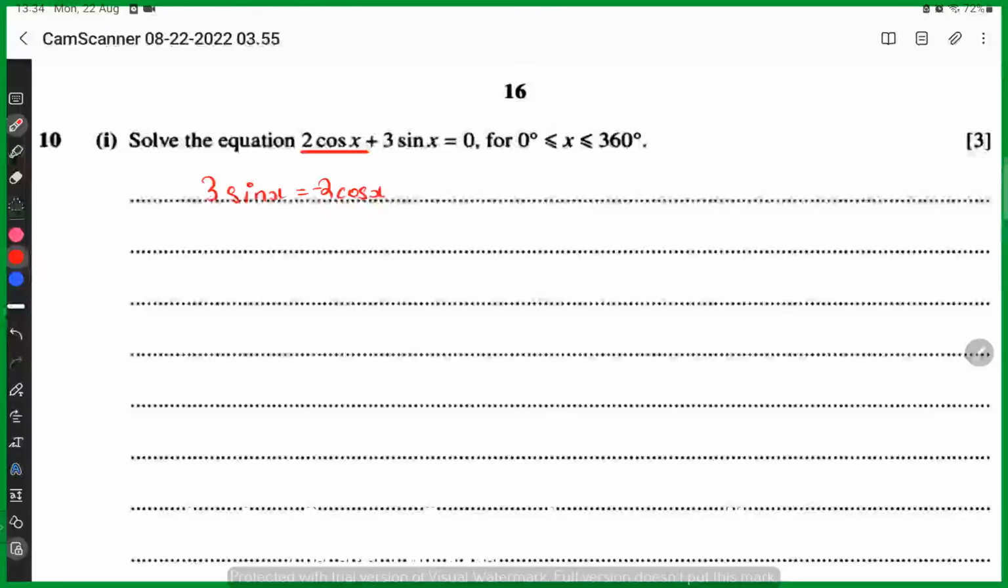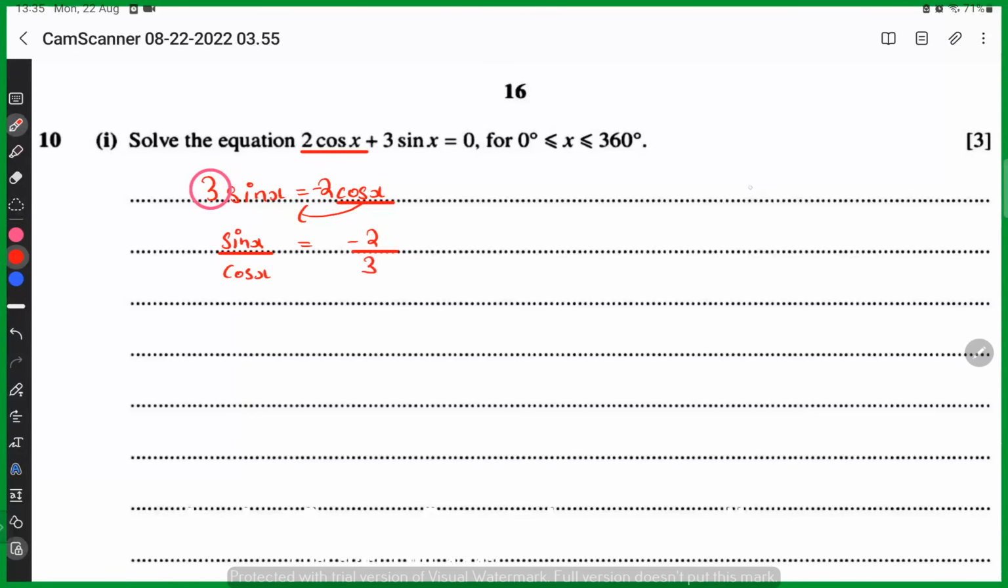And now at this point, I can just take this cos over here on this side, and this is going to give me sin x by cos x equals minus 2, and I will just take this 3 on the other side.